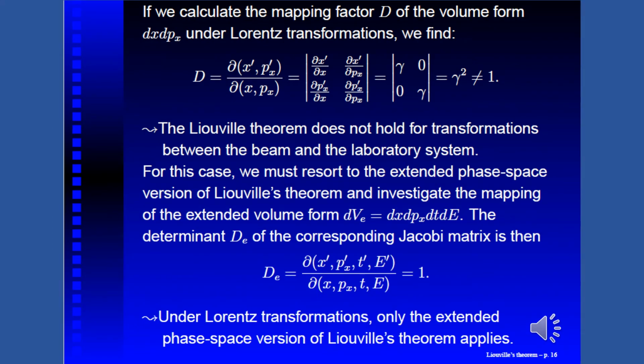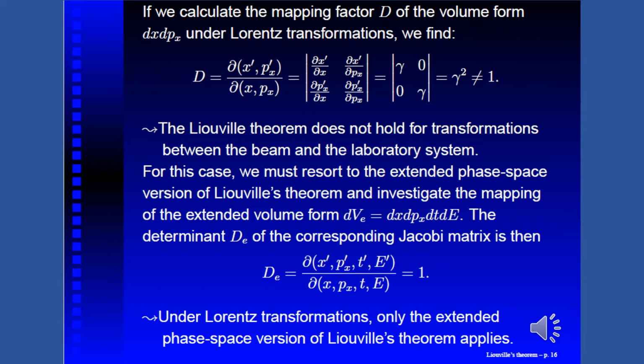If we calculate the mapping factor capital D of the volume form dx dpx under Lorentz transformation, we find that capital D is equal to the determinant of the matrix of partial x prime, px prime over partial x, px, which is equal to the determinant of gamma 0 0 gamma, and that gives gamma squared, which is not equal to 1. Liouville's theorem does not hold for transformations between the beam and the laboratory system.